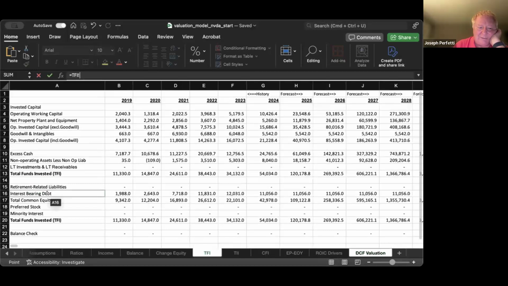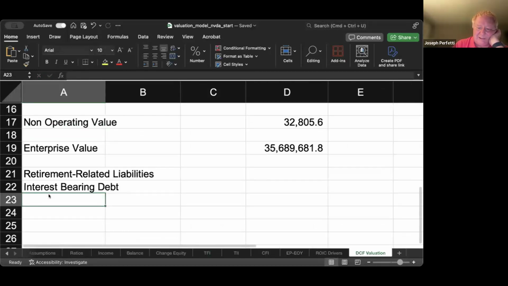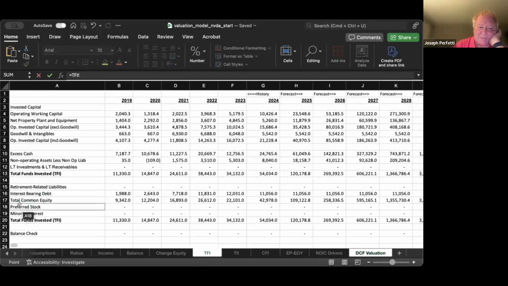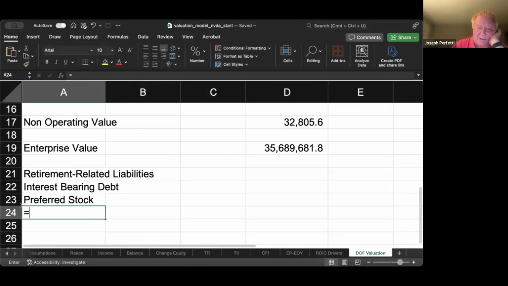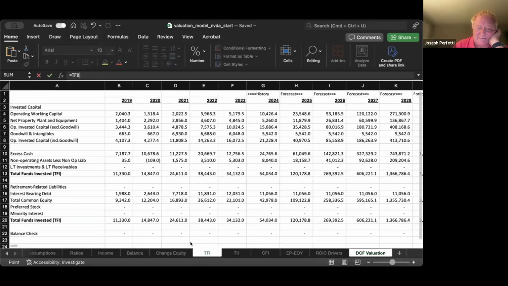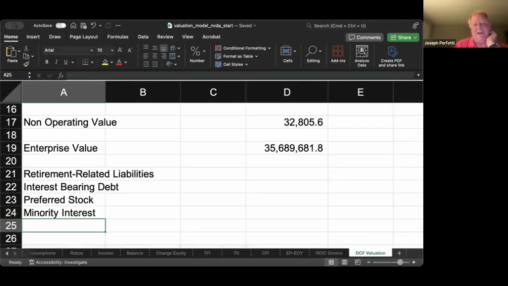We had to pay off interest-bearing debt. Next, equals TFI. We're solving for common equity, so we'd have to pay out the preferred shareholders, and TFI, the minority shareholders. Those are the four stakeholders that get paid back in front of the common shareholders. What do we owe them?